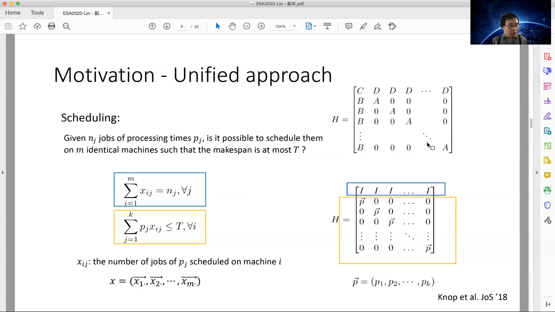The constraint matrix H, if you look at it, the first rows corresponding to the first set of constraints are actually all identity matrices. And then you have the second set of constraints, which correspond to the yellow box, where diagonally you have this vector P, where vector P is simply a vector of job processing times.